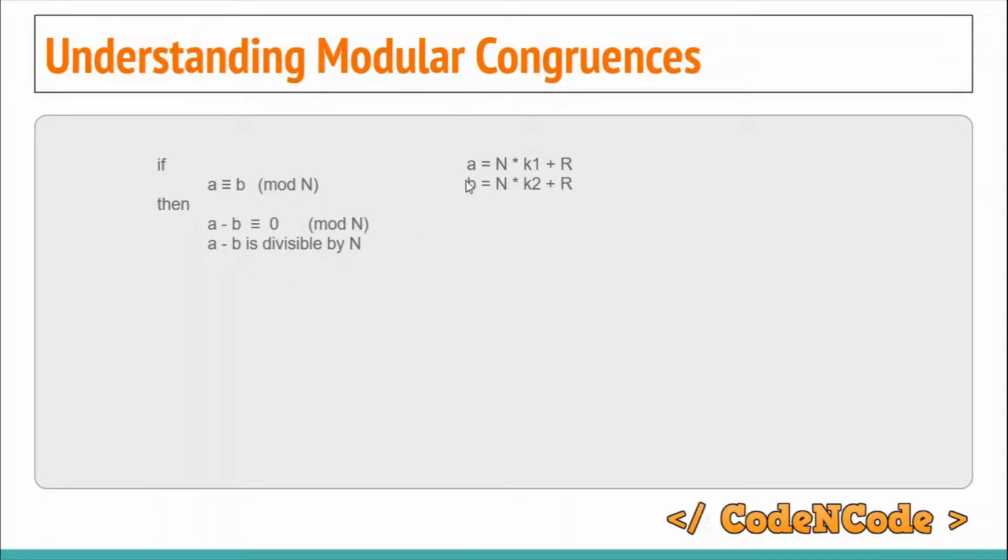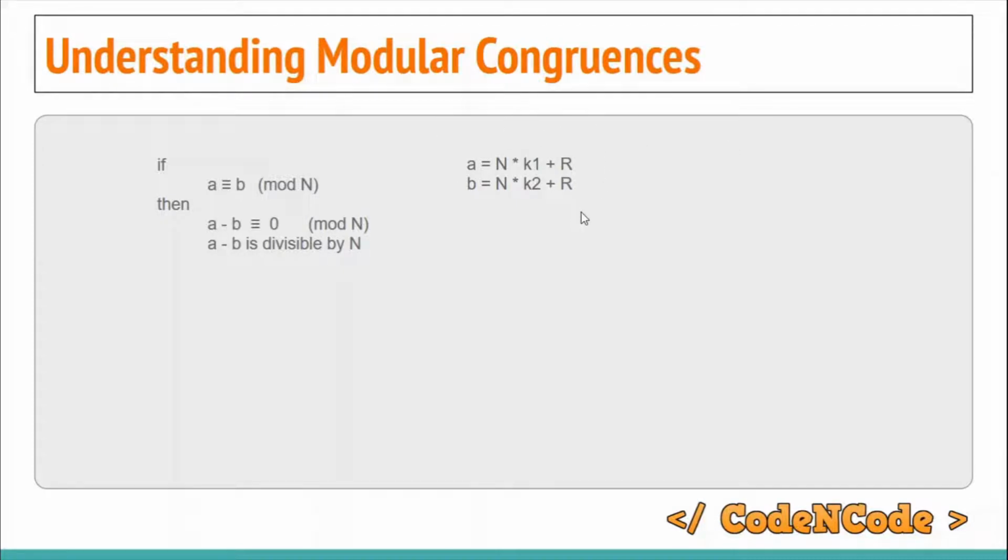Now see, I've written a as n times k1 plus r and b as n times k2 plus r. If you are following this series, in the previous lecture we studied the Euclidean algorithm, and while studying it we talked about Euclid's division lemma, and this is just that lemma.